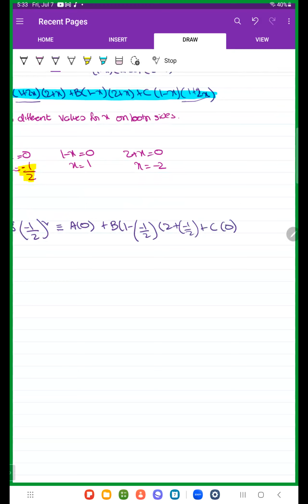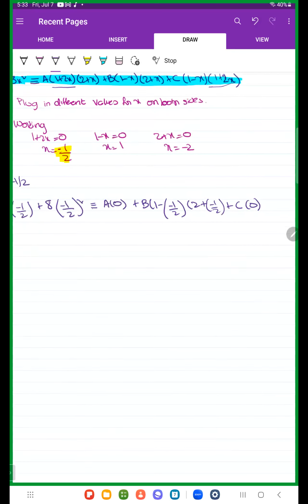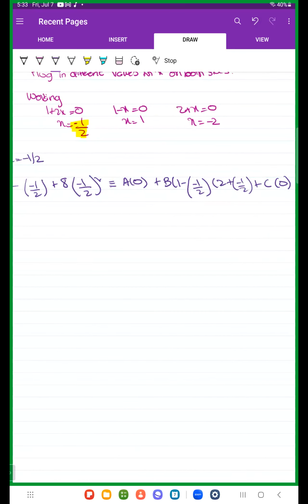Are you clear till here? So if A and C are becoming 0, I'm just left with B. Can you quickly solve for B and tell me?